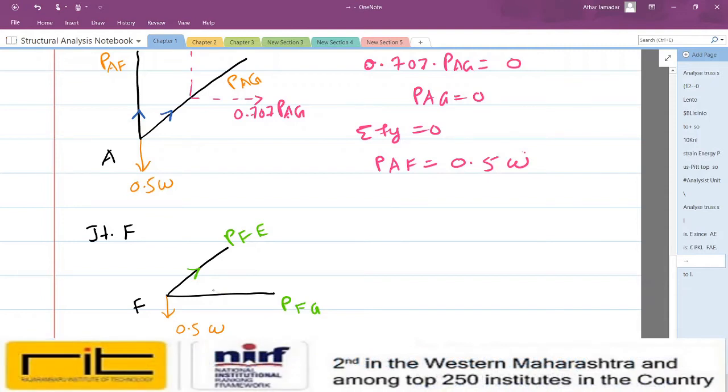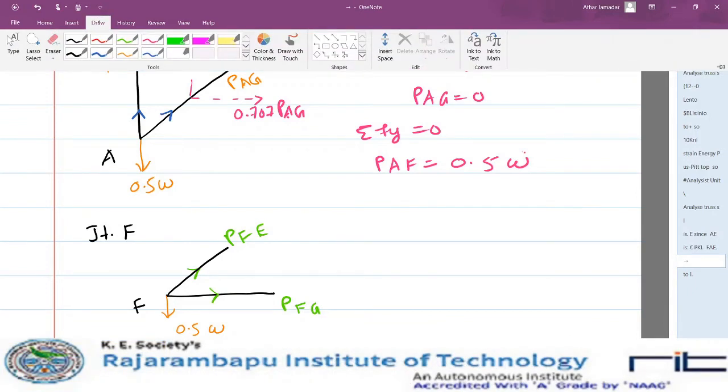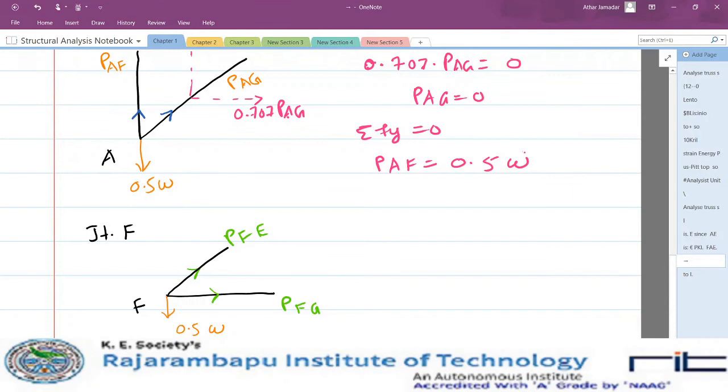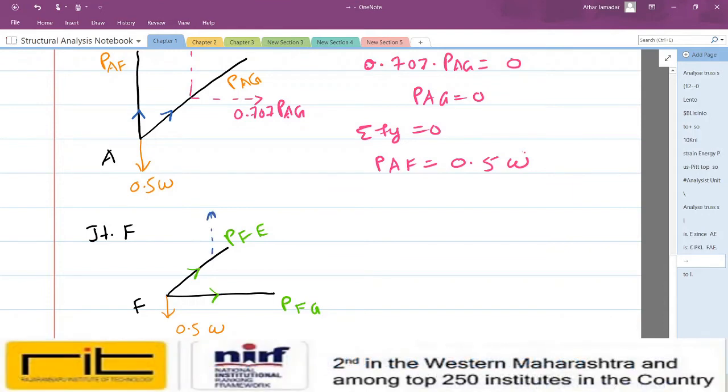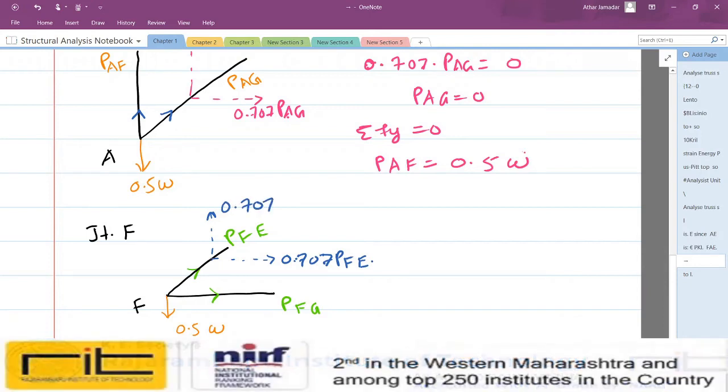Both forces will go away from joint, we will assume in that fashion. So two components of this force will be 0.707 times PFE, 0.707 times PFE.